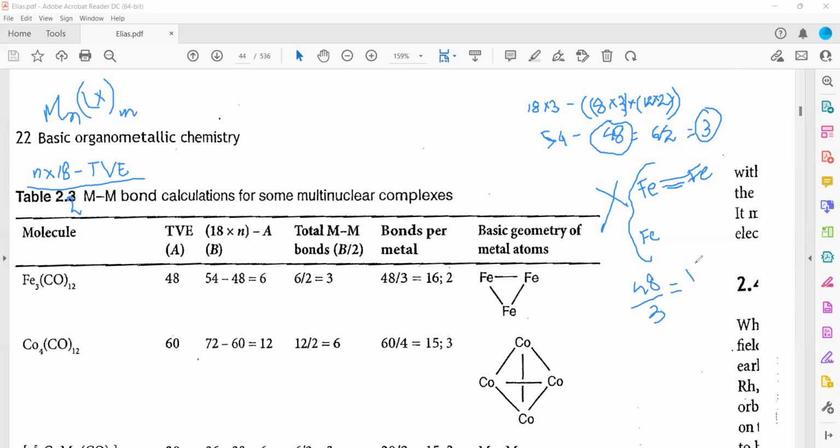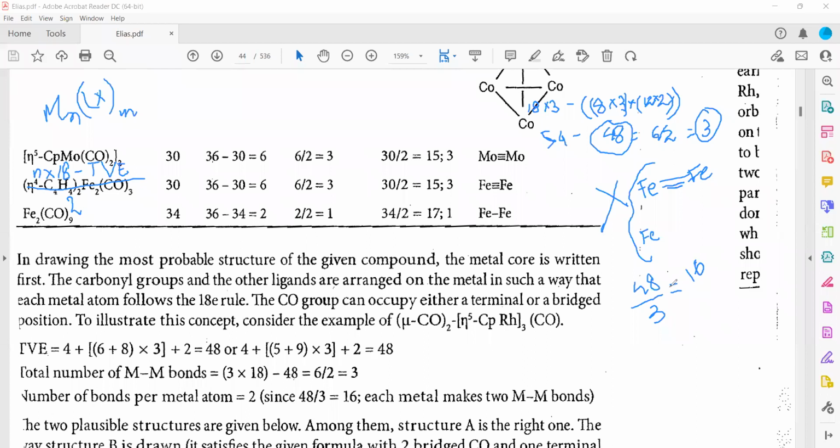So that will give you the value of 16. So in this case, you get 16. So what does that mean?